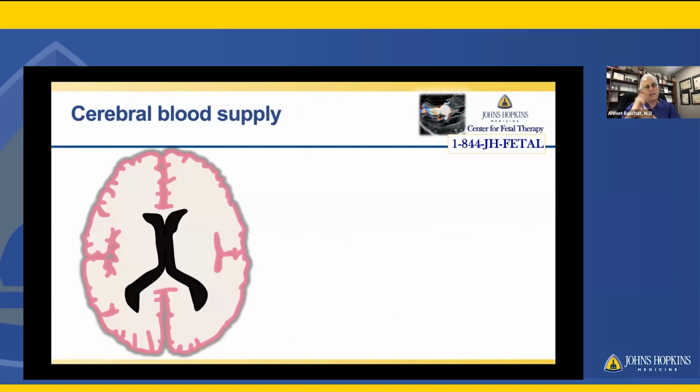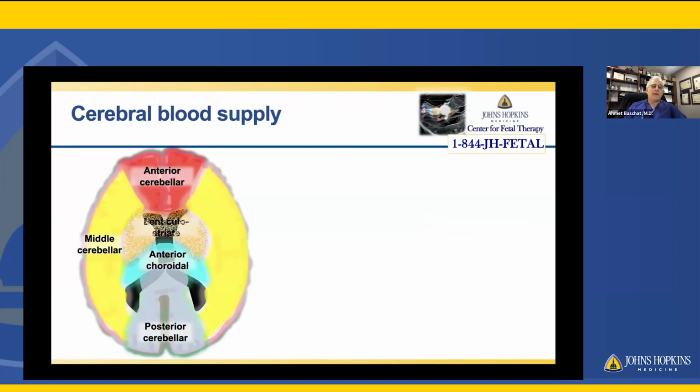Before we talk about fetal AVMs, it's important to bring back some important basics about cerebral blood supply. You may remember from your anatomy that the cerebral blood supply is by distinct arterial fields where there are watershed areas where the supply territory overlaps between different arteries, and they're quite specific and quite reproducible.